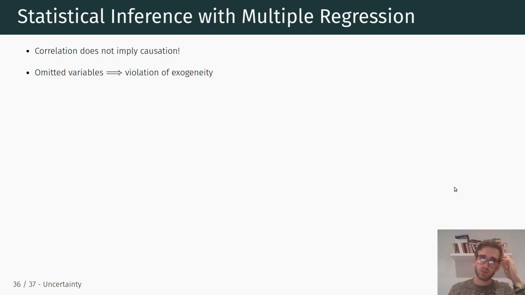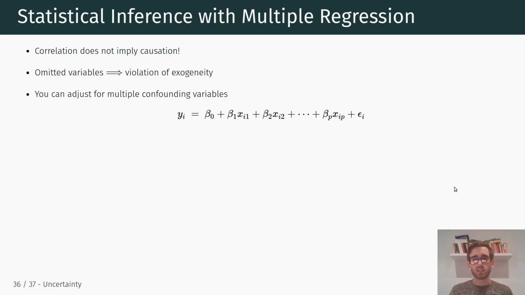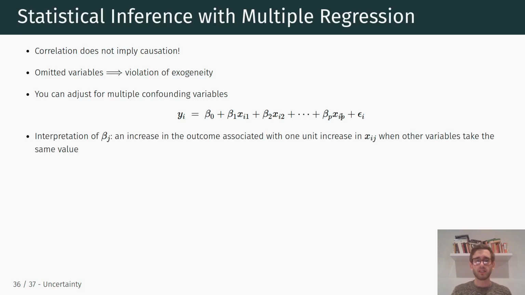As I mentioned, as soon as we have omitted variables, we violate the exogeneity assumption and we have a bias in our estimates. We can, to some extent, fix this by adjusting for multiple confounding variables, and this is what we talked about in previous weeks, where we talked about including control variables in our models, x2 up to xp, conditioning on them in order to get rid of this omitted variable bias.